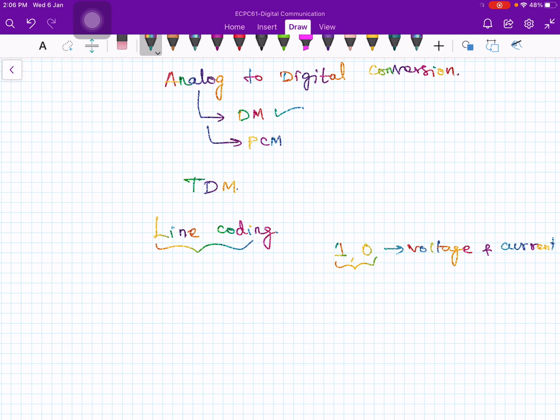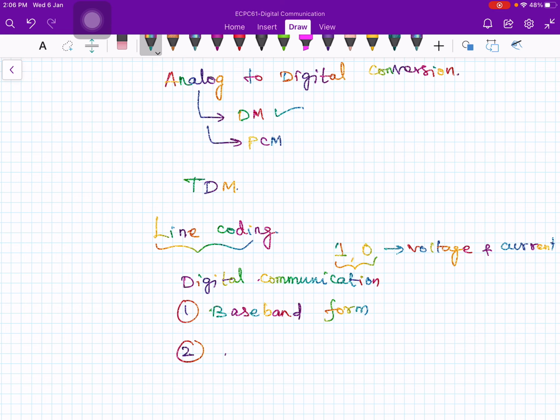Next we will take up digital communication. Digital communication can be done in 2 ways. One is in baseband form. I will tell you what we mean by baseband form and passband form as we go along the course.